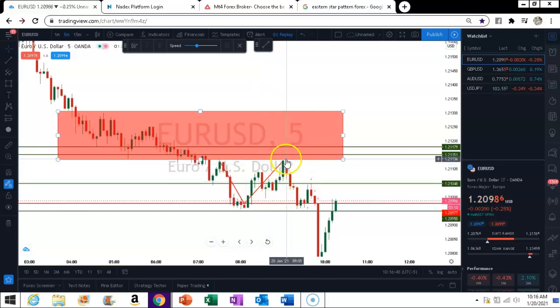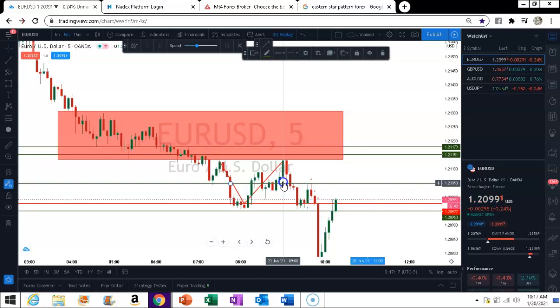Because remember, when you're selling, you want to take profit at resistance. When you're buying, you take profit at support. Resistance is where price fails to go above the ceiling or can't break through the ceiling, and support is when price cannot break through the floor. So right here is a point of resistance.